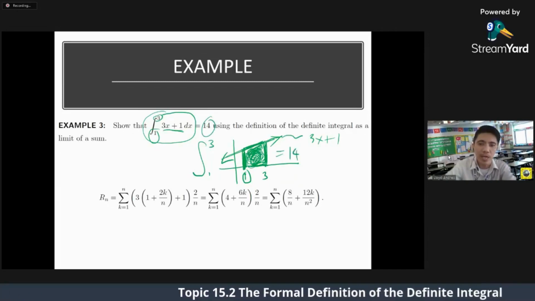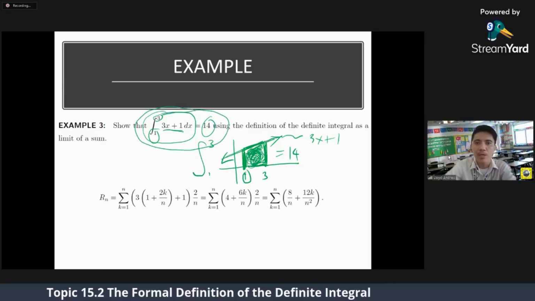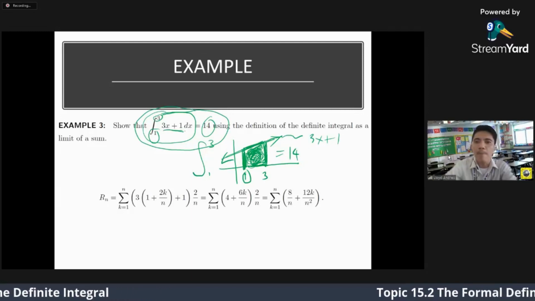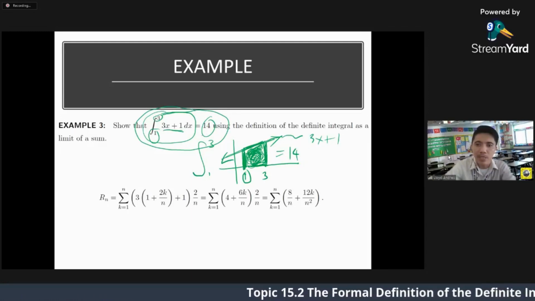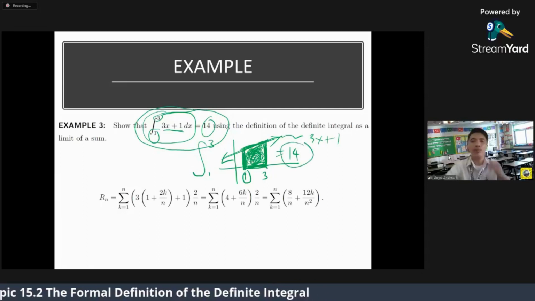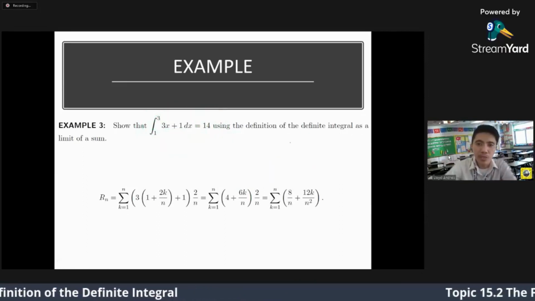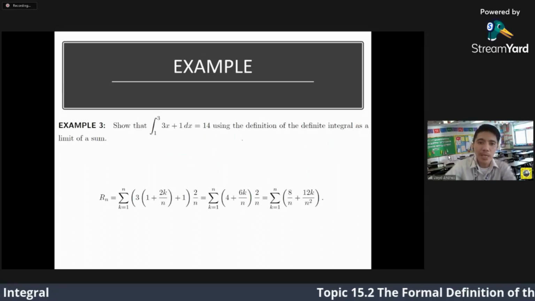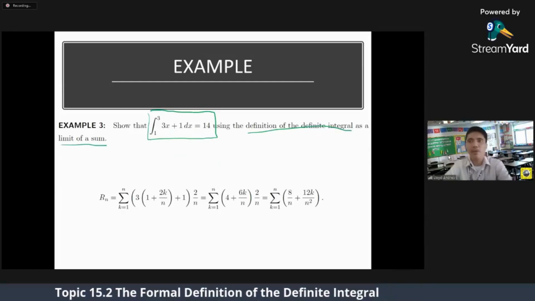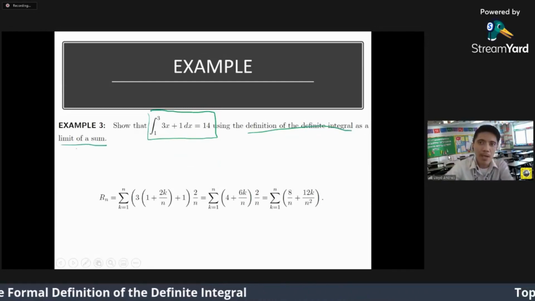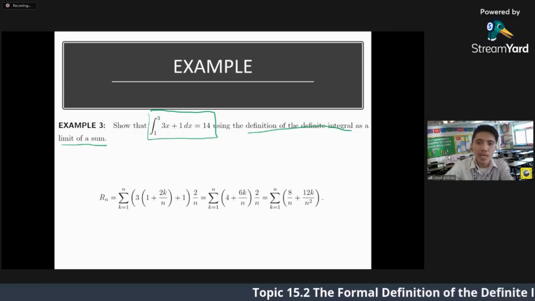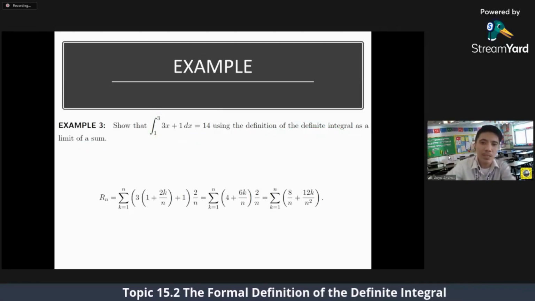This notation means the integral of 3x plus 1 dx from 1 to 3 equals 14, so the area bounded by the curve 3x plus 1, x equals 1, x equals 3, and the x-axis is 14. But our point is to show that this is true using the definition of the definite integral as the limit of a sum, which is our objective. To start with, we need to solve our Riemann sum.